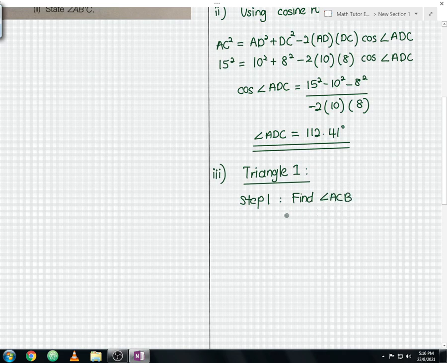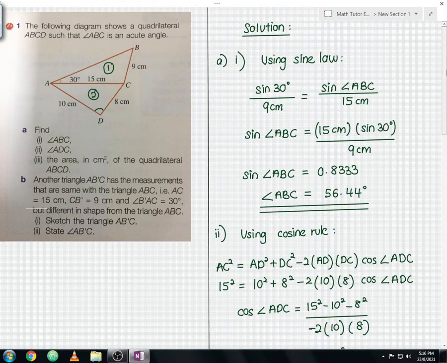There is a reason why we need to find this angle. Let me scroll this up. If you take a look at this triangle, only angle ABC, which you have already found in question A part 1, and angle BAC are provided. To find the area of a triangle, we need at least two lengths of a triangle and one angle which coincides with these two lengths.